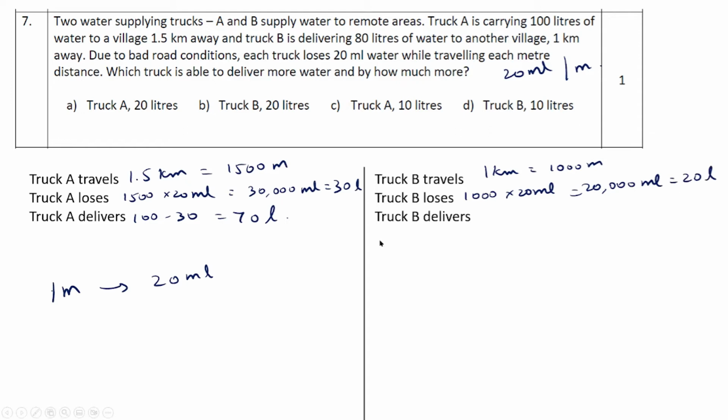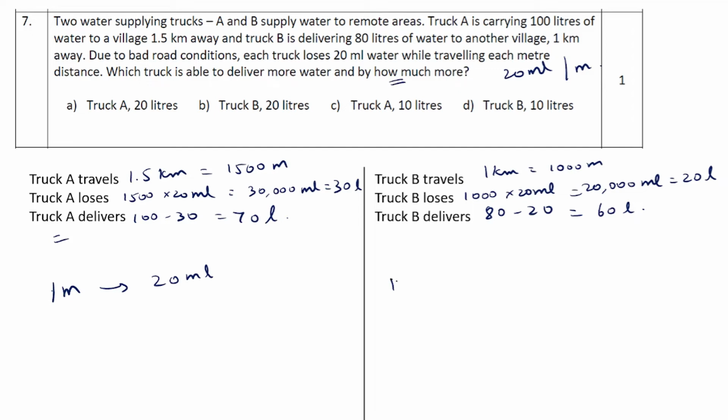As a result, truck B delivers 80 minus 20 liters, which is 60 liters. So from these two we can see that truck A delivers 70 liters. It delivers more water, and it is asked by how much more.